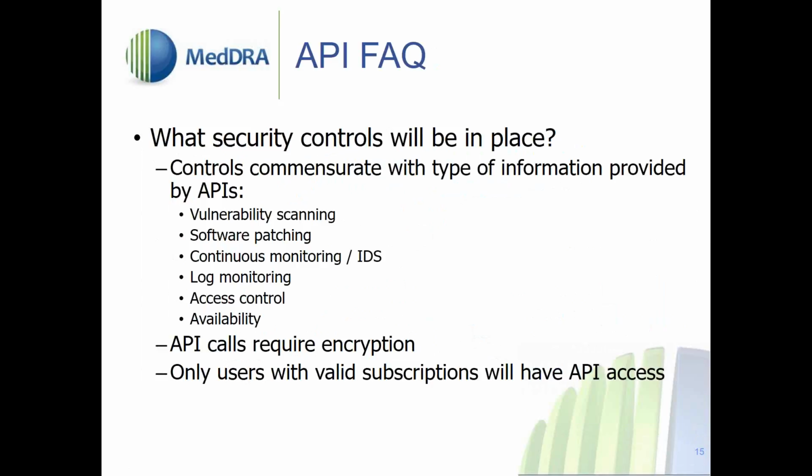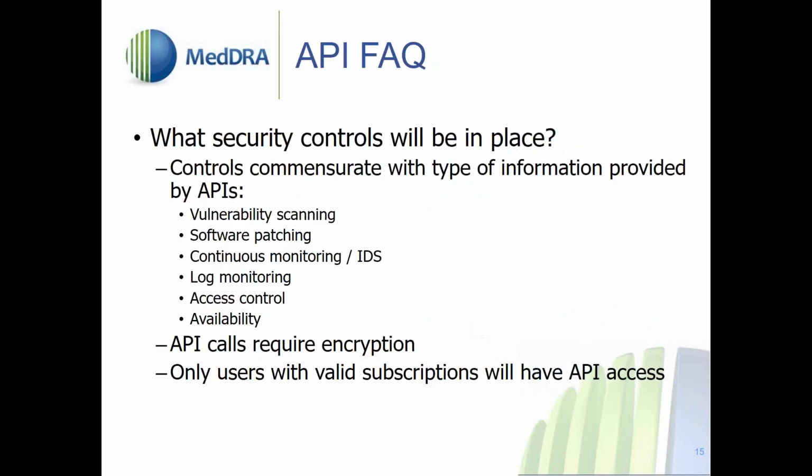So the security controls that we will be putting in place are going to be commensurate with the type of information provided by the APIs. So that's MedDRA terms, codes, and associated information. The controls will include, but are not limited to, things such as vulnerability scanning, continuous monitoring, log monitoring, access control, etc. Now, as you can imagine, the API calls will require encryption.